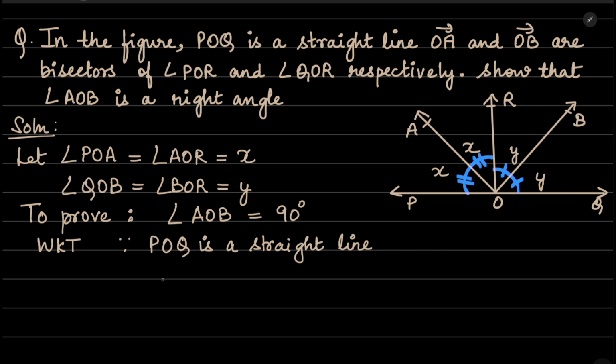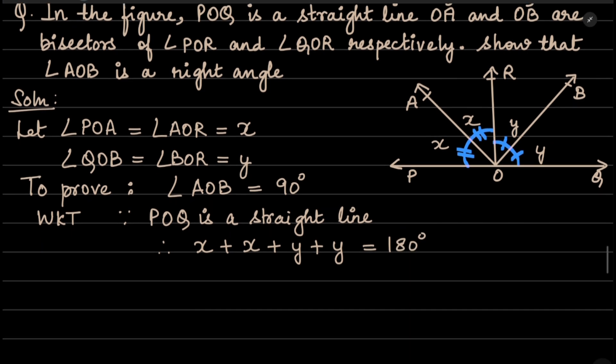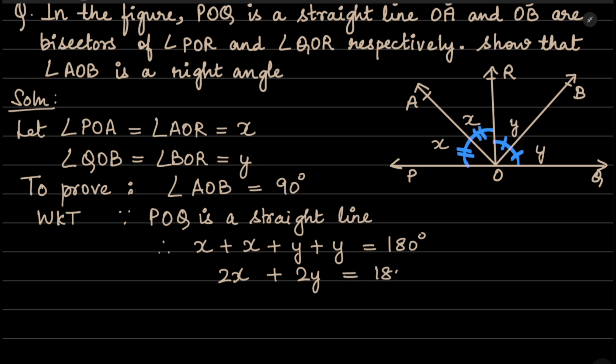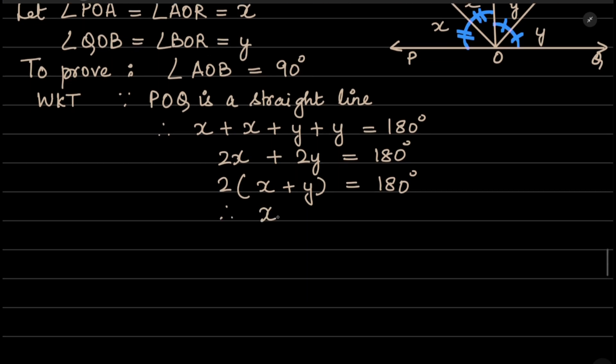So you can write X plus X plus Y plus Y, which means 2x plus 2y is equal to 180 degrees. Take 2 common, so 2 times x plus y equal to 180 degrees. Therefore x plus y equals 180 divided by 2, which is 90 degrees.